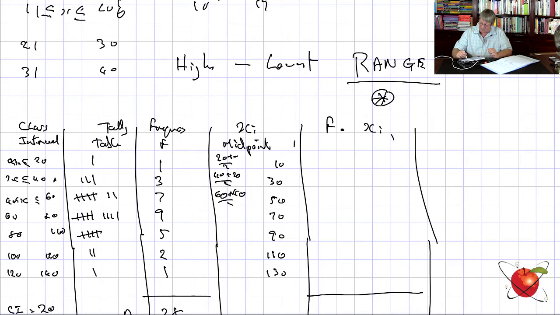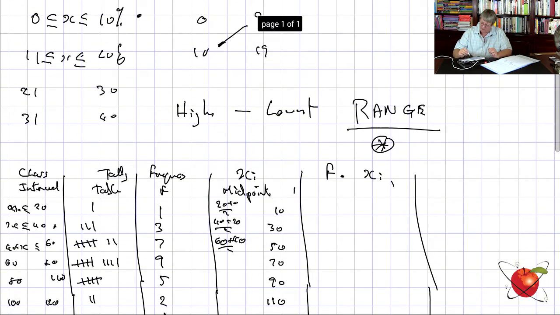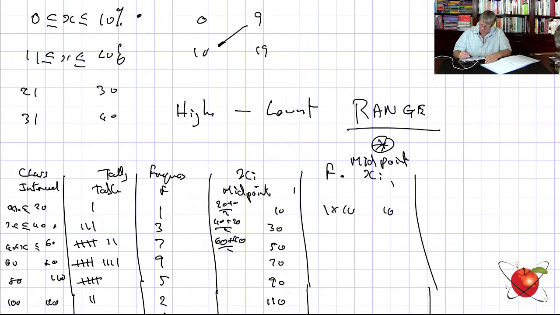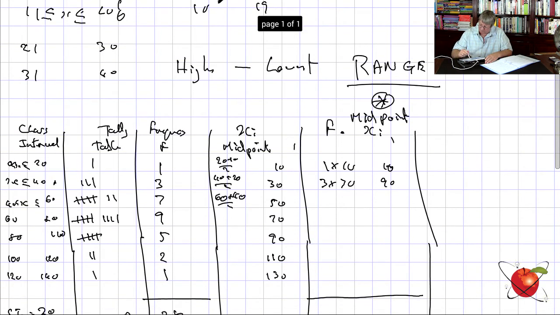Let's rewrite that and say, okay, it's frequency times midpoint, just to make it easier to remember. So this is 1 times 10, which is 10. This is going to be 3 at 30, which is 90. Let's complete the table.